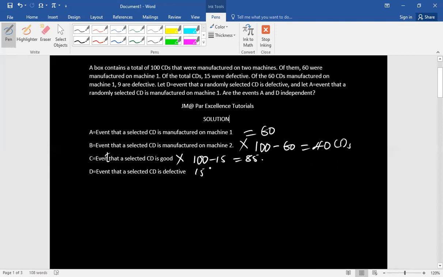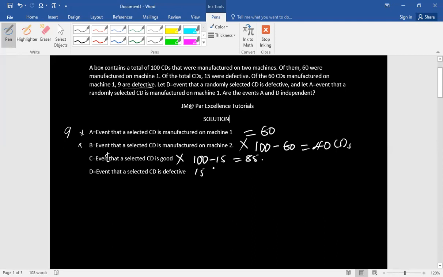Now also let's look at event A and event B, that is manufactured on machine 1 and machine 2. The CDs that were defective manufactured on machine 1, from the statement, is 9. Of the 60 CDs manufactured on machine 1, 9 are defective. So then how many defectives were there on machine 2?